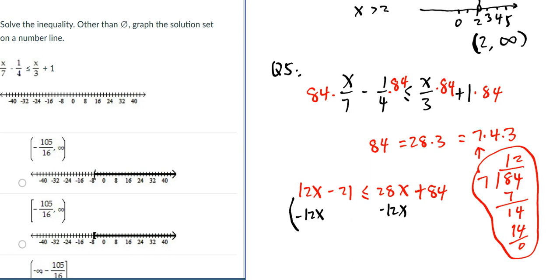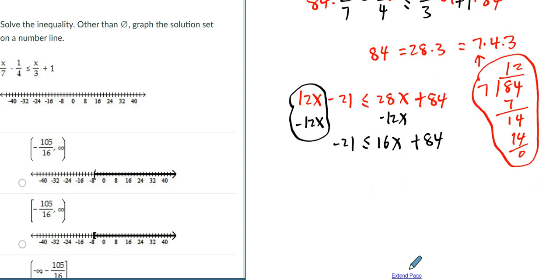So those two will be eliminated. And then you have negative 21 less than or equal to 16x. 28 minus 12 is 16. And then plus 84.